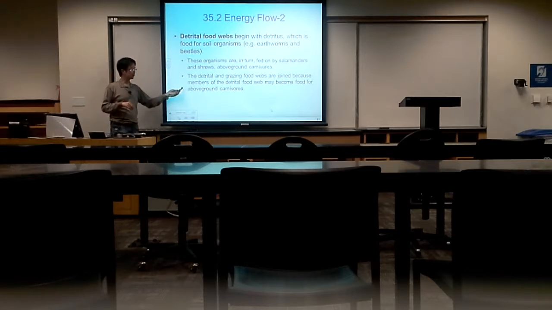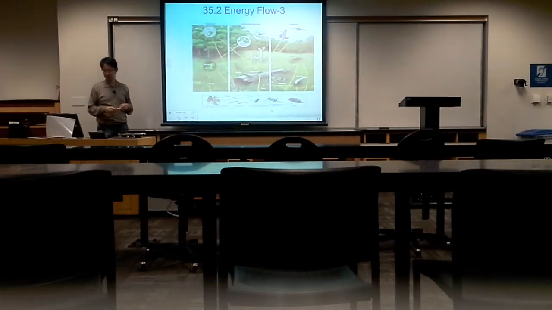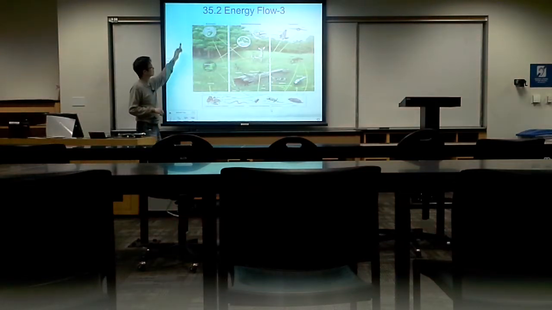This is what I meant in Wednesday's lecture. The prey and predator relationship is complicated. If you are feeding on something, you may become the food of another animal as well. That's why these two food webs are interconnected. You can see the one on top is the grazing food web, and the one on the bottom is the detritus food web.